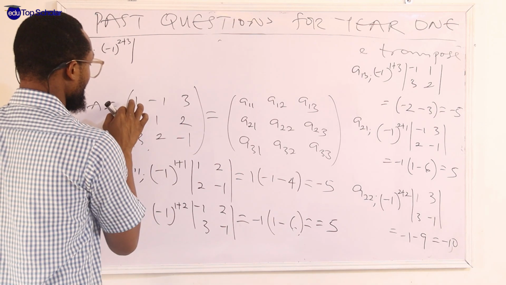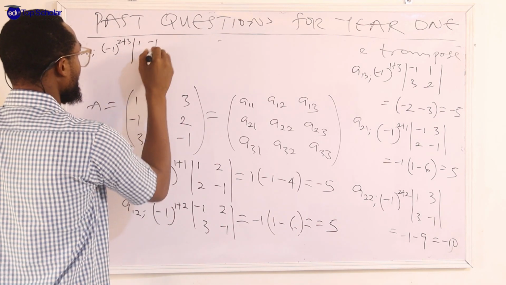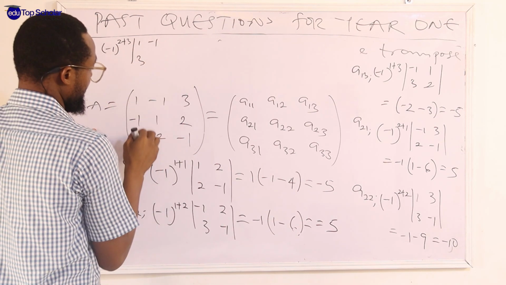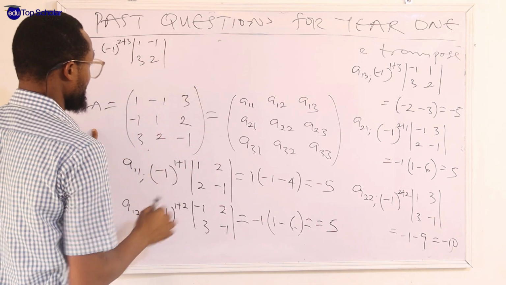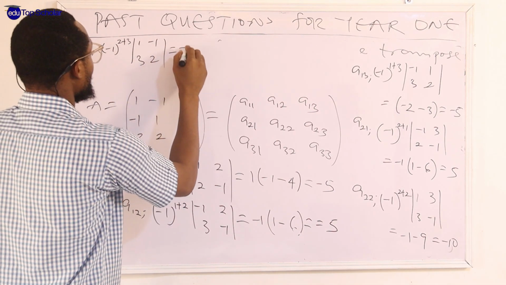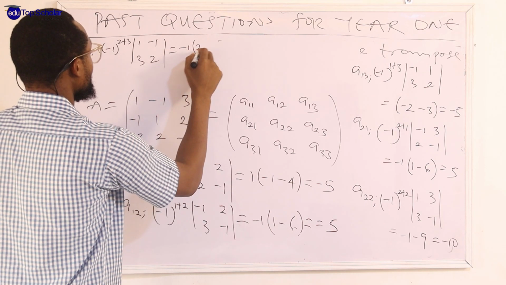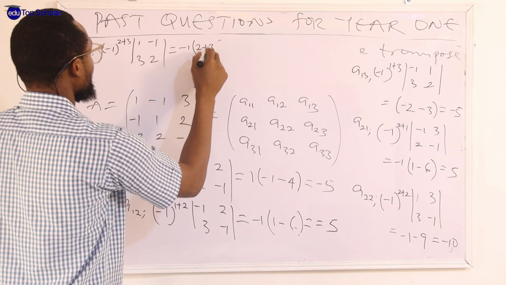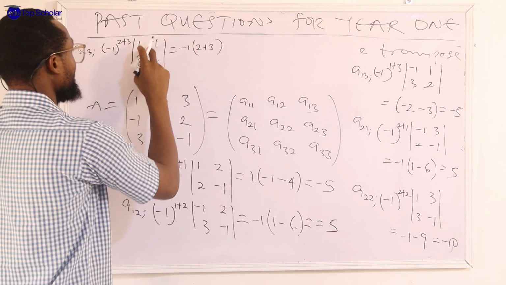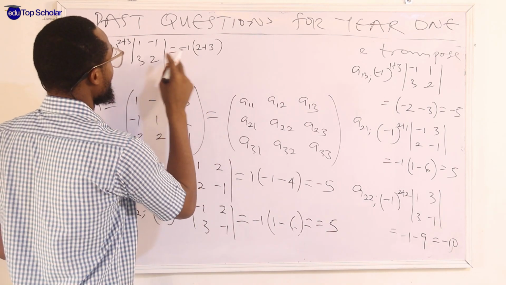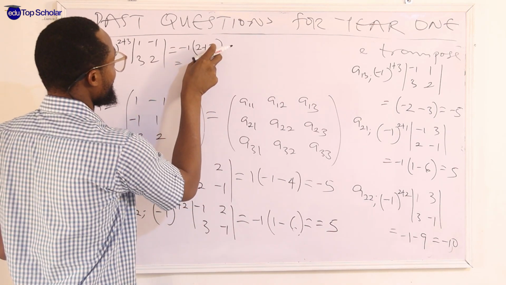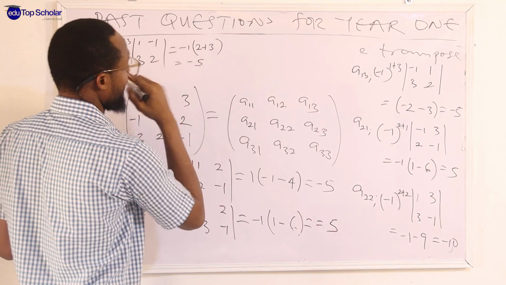We are left with 1, minus 1, 3, 2. So we have minus 1 multiplied by 2 plus 3. This will be minus 3. So we have this, and this is 5, by this we have minus 5.